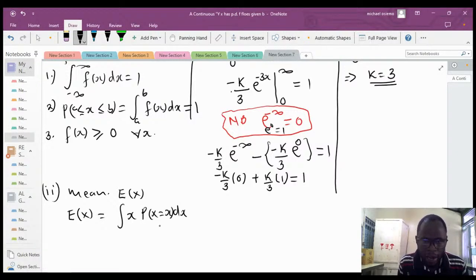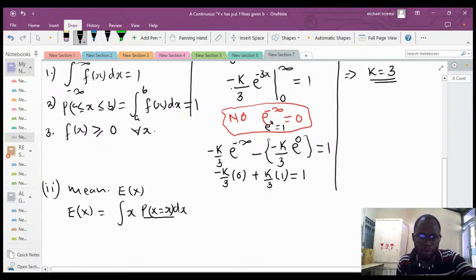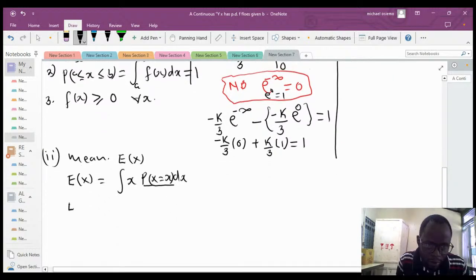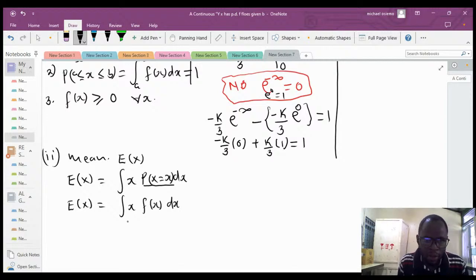And this being a probability density function, this probability here is the same as f(x). And so we're going to have E(x) being equal to the integral of x f(x) dx, running from 0 to infinity.